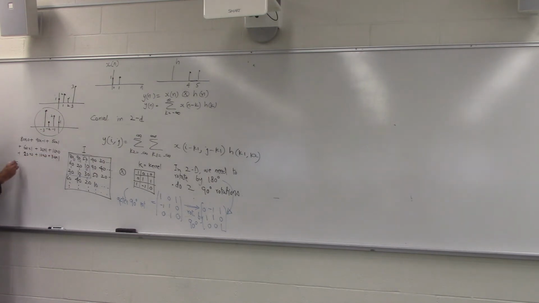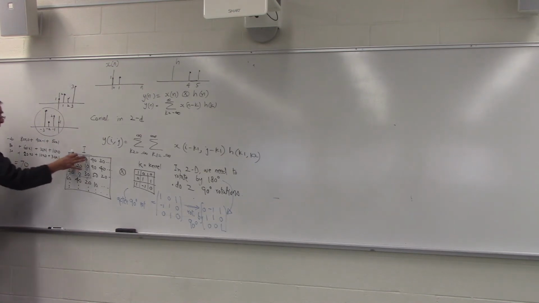So what is this number equal to? Minus 90 plus 50 will give me minus 40 in the first row, then 60 and 20, 80 in the second row, and 30 in the last row. So 110 minus 40, 70. So this was the answer when the kernel was placed in the first 3 by 3 spot.